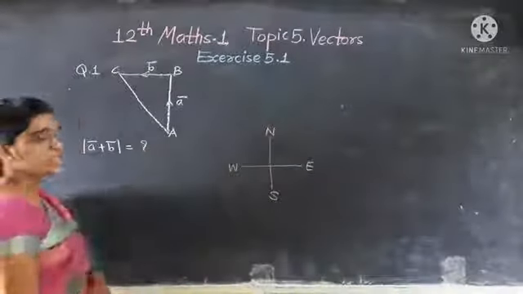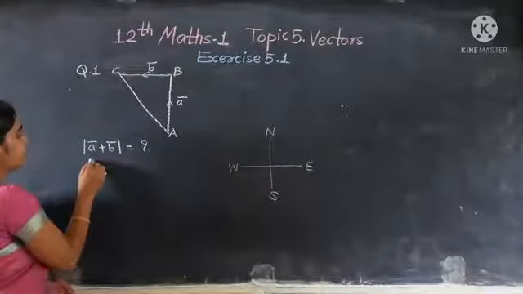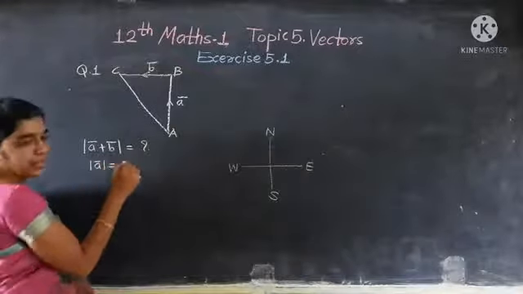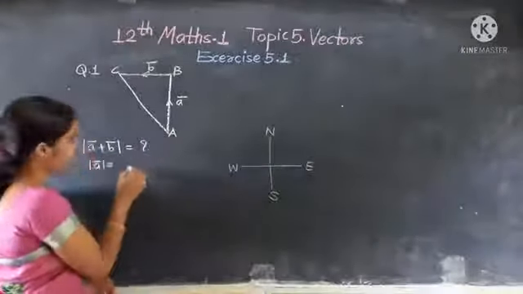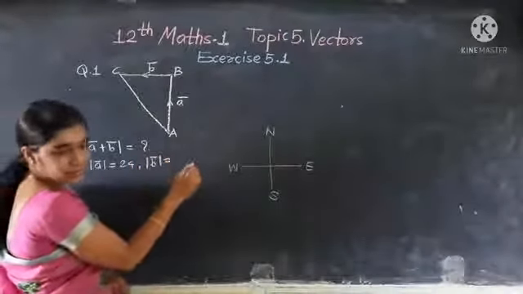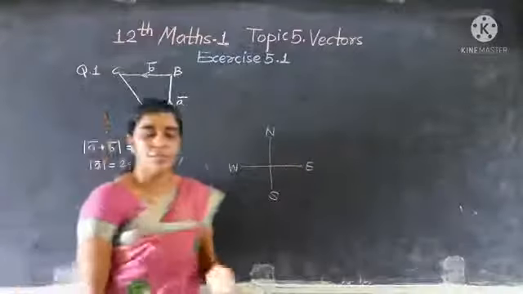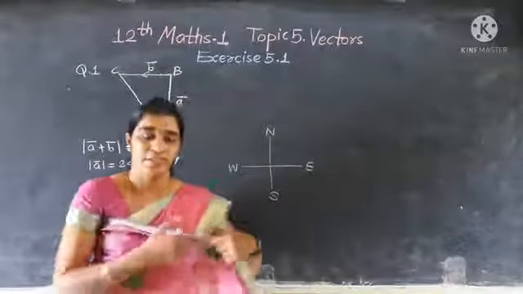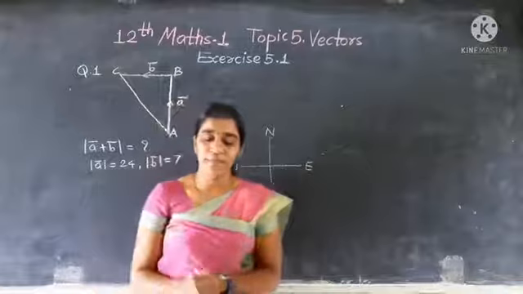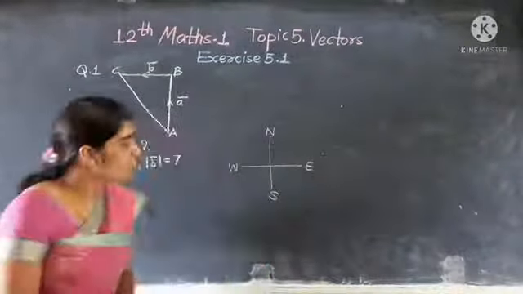We want this. Okay. So here, first, the magnitude of A bar is given as 24 and the magnitude of B bar is given as 7. These two magnitudes are given. Now we find the magnitude of A bar plus B bar.